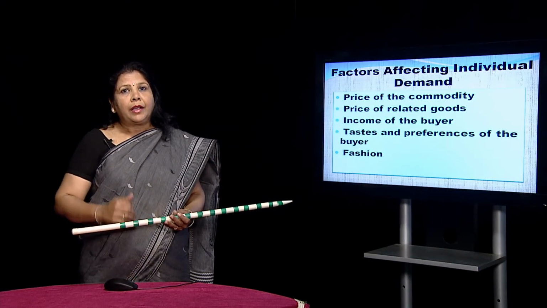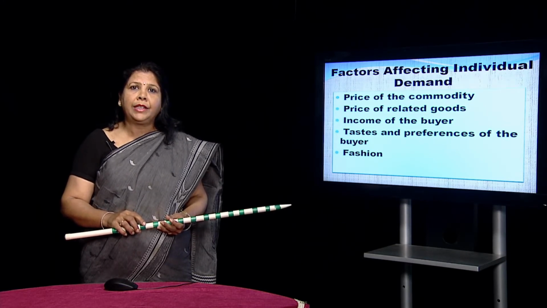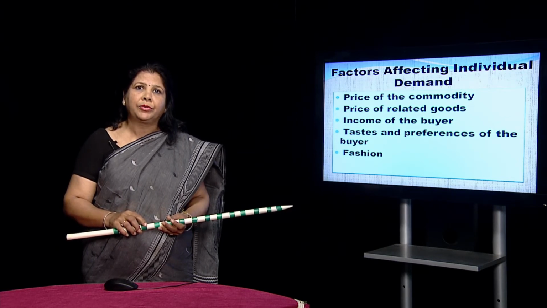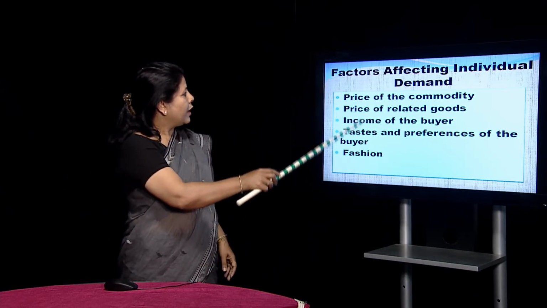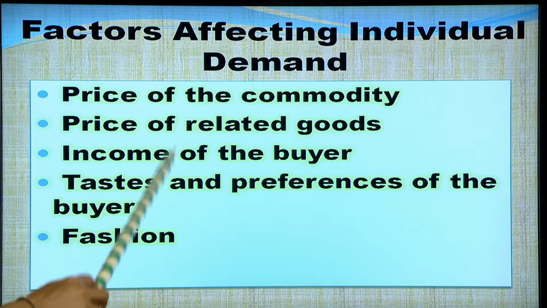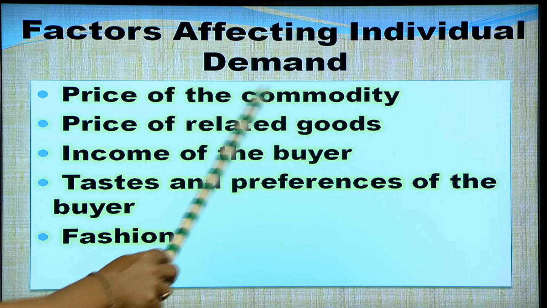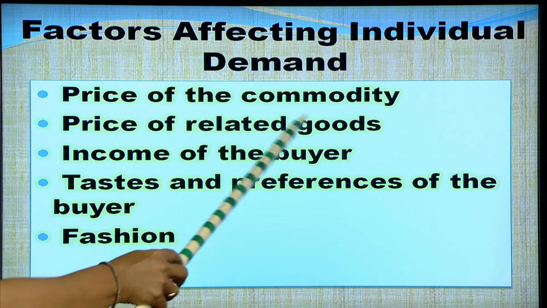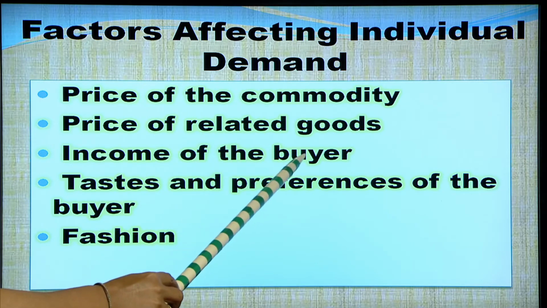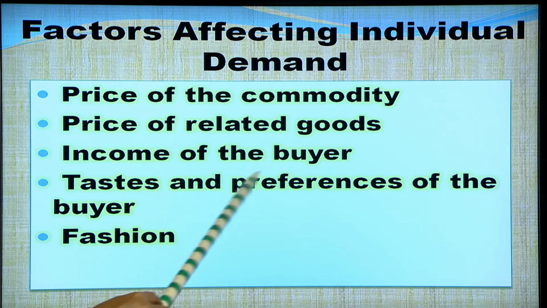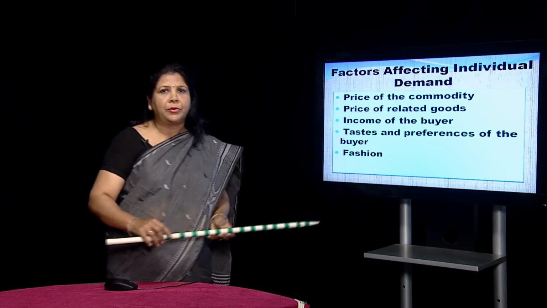Now, this brings us to the next understanding of what really constitutes demand for a commodity. Here we have these factors: first and foremost, price of the commodity; secondly, the price of related goods; thirdly, the income of the buyer; and fourthly, tastes and preferences of the buyer, and we club even fashion into it at times.